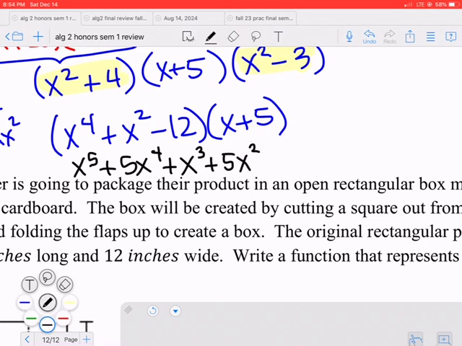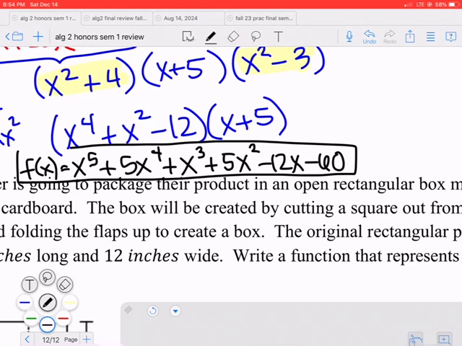And now the -12: -12x and minus 60. And that's our answer, and it's in standard form. Notice my exponents: 5, 4, 3, 2, 1, 0. And so, whoops, that's our answer.